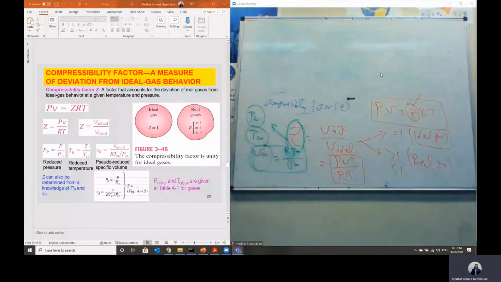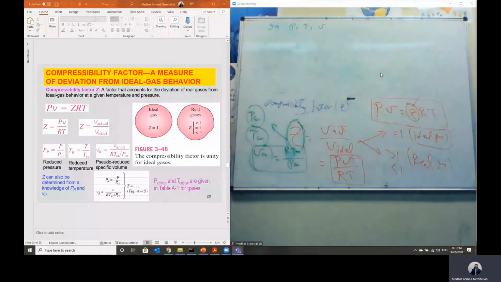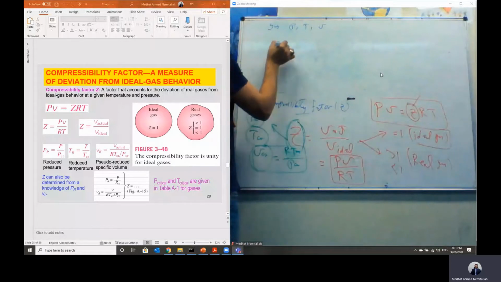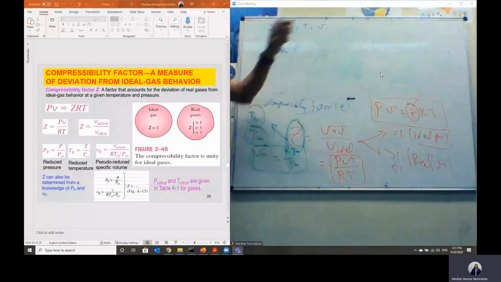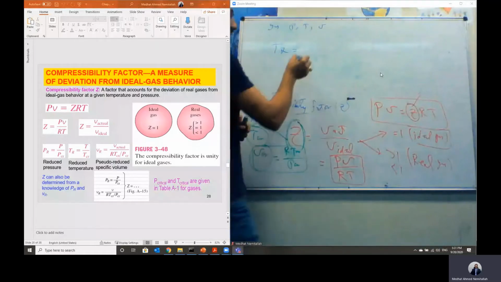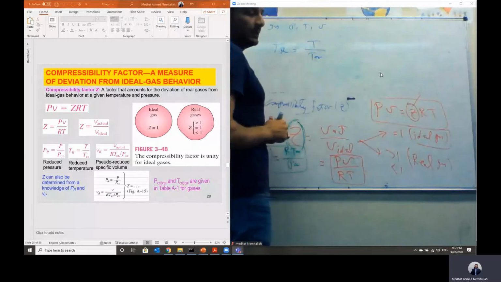Does that mean if we have a gas, let's say we have any gas at a given pressure, given temperature, and let's say given a specific volume. In this case, to calculate the compressibility factor Z, we have to calculate the relative or reduced value of those properties. So first of all, I can calculate the reduced temperature. T reduced will be the ratio between the given temperature divided by the critical temperature.